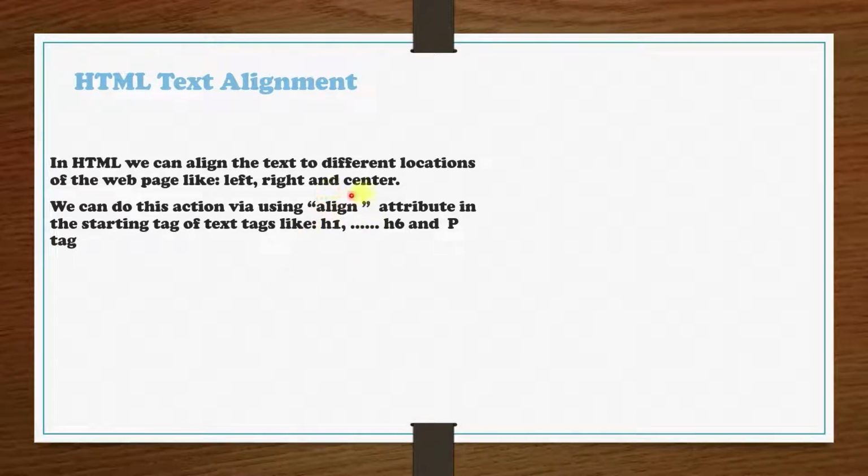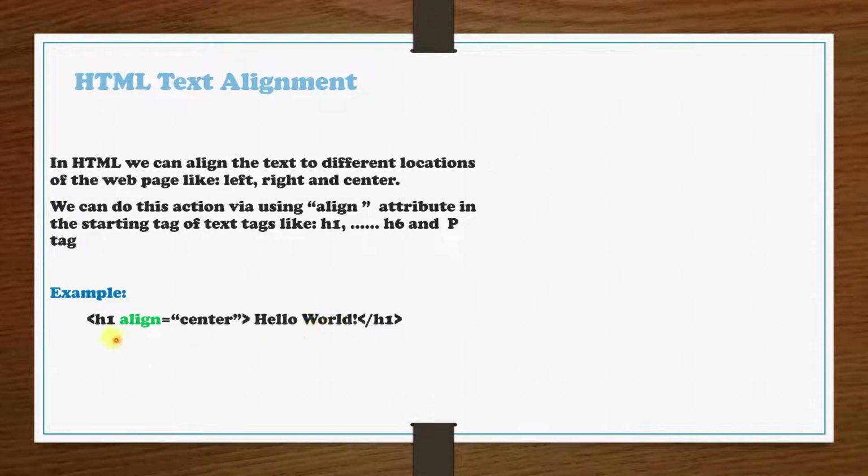And always, like all the other attributes, this attribute is typed in the starting tag of text tags, and the text tags are like h1 up to h6, and also the p tag. There is an example. In this example, we have a message that says hello world.